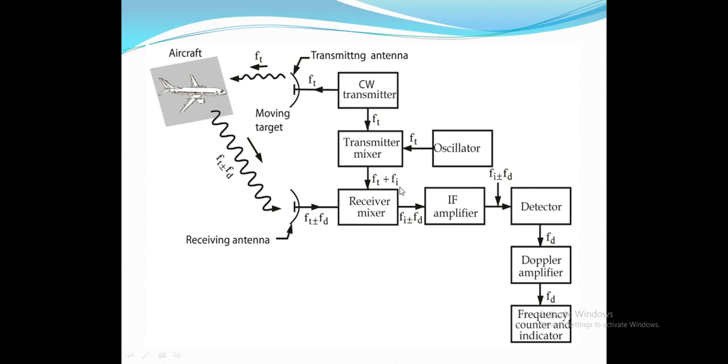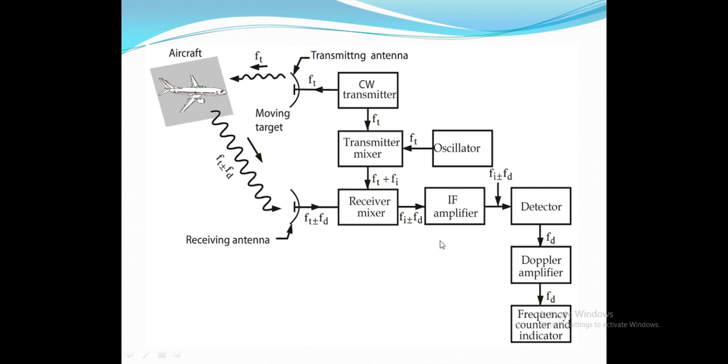Next, the receiving echo signal, that is Ft plus or minus Fd, and the transmitter mixer output Ft plus Fi are mixed in the receiver mixer to produce the output of Fi plus or minus Fd.